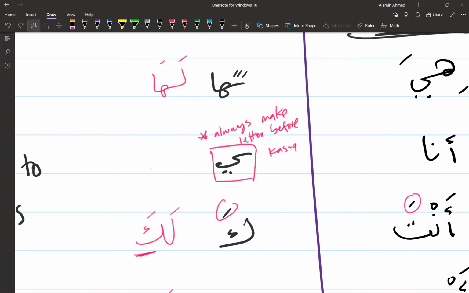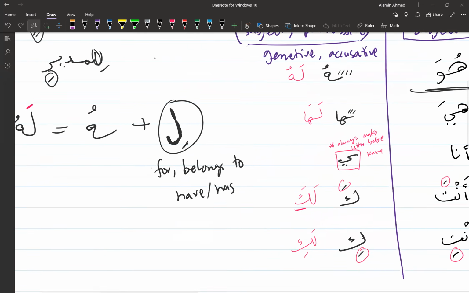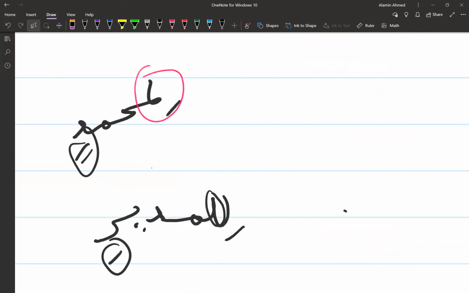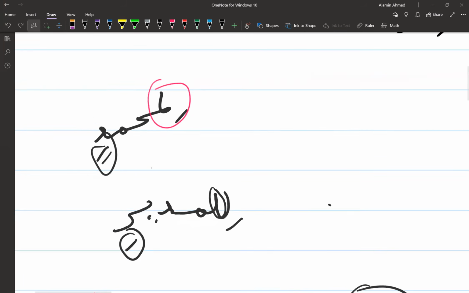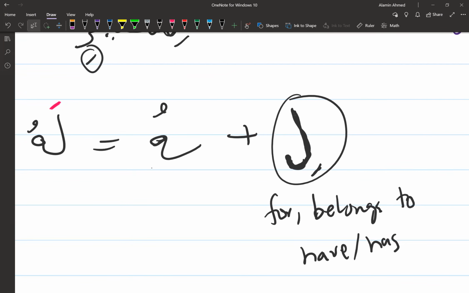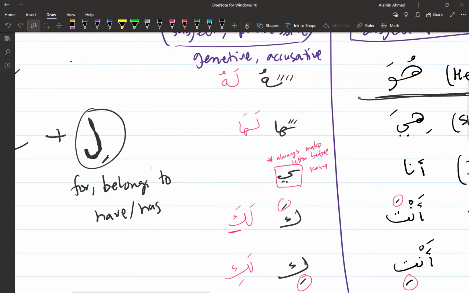Anytime you attach the ya, it will force the previous letter to be in kasra, regardless of any rules in the Arabic language. So now, all this rule that I talked to you about, initially li is with kasra, li Muhammadin, but when you attach a pronoun it becomes la with fatha: lahu, laha, laka, laki. But what do you think is going to happen here?